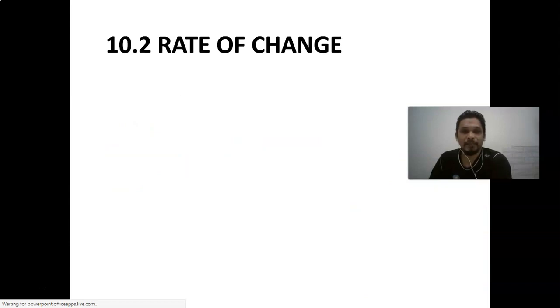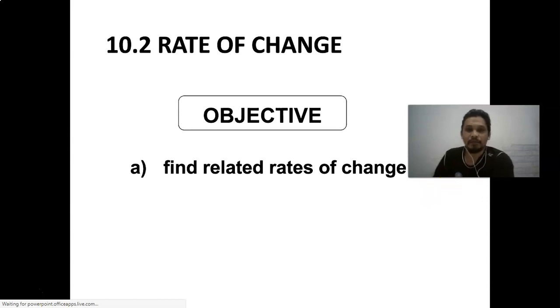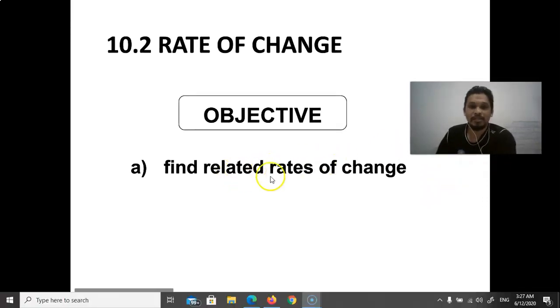Okay, for the topic rate of change, the objective is to find related rates of change.